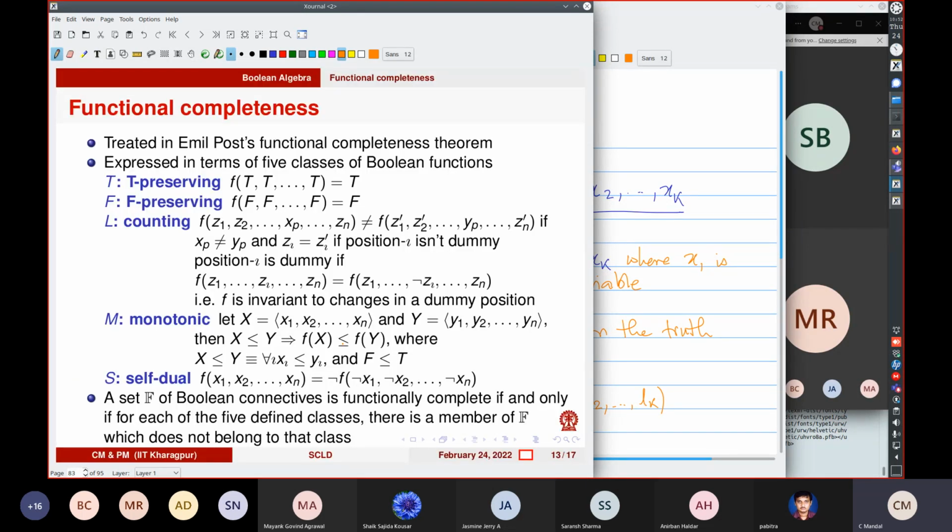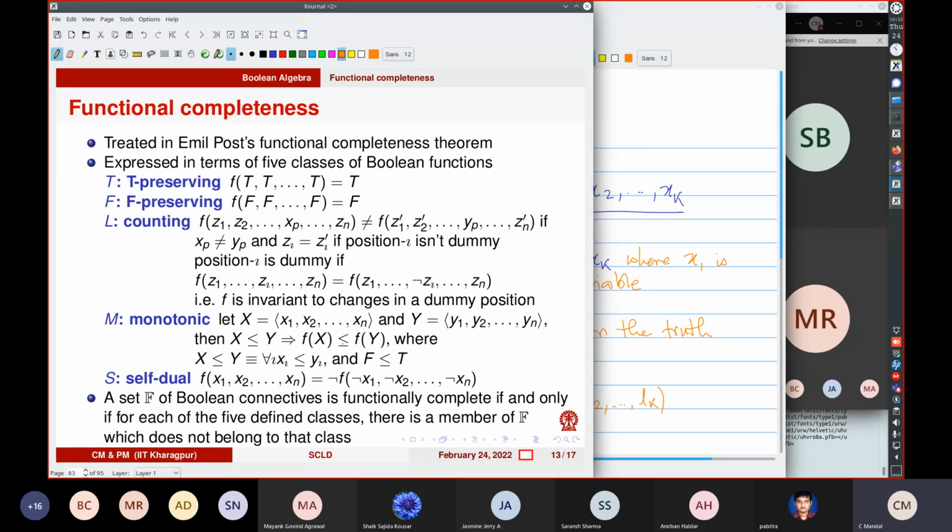So now we just come to the statement. A set F of Boolean connectives, or Boolean functions, is functionally complete if and only if for each of the 5 defined classes there is a member of F which does not belong to that class.